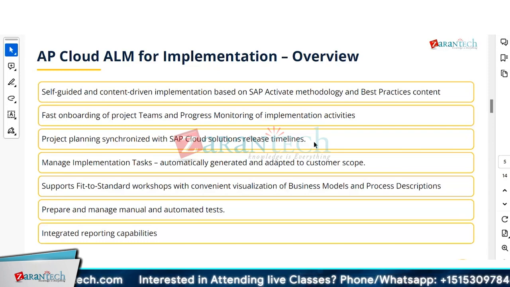Like you are in the middle of your testing and development, and then the release happens, and you don't have any say, right? SAP is going to release that patch and it will get automatically deployed. Then in case something breaks, you won't have any say. So it's better to plan around the release timeline of your particular cloud solution. This is specifically for cloud solutions, not for on-prem, right?